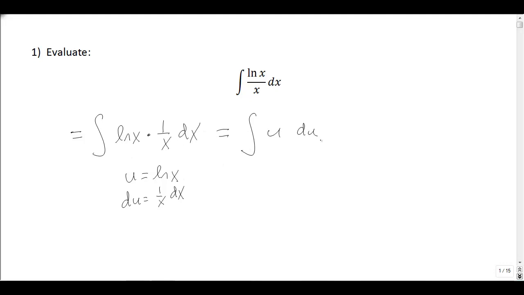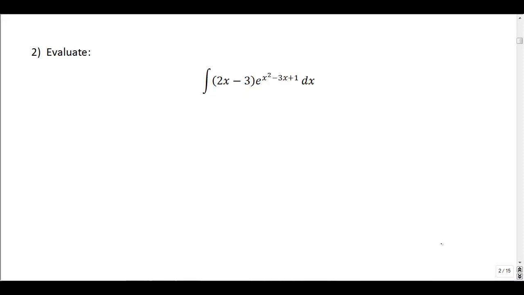So our substitution worked pretty simply here. Now I just need to integrate. I get u squared over 2 plus c, and then I need to convert my u's back to x's. u is natural log x. So what I end up with is natural log x squared over 2 plus c. So fairly straightforward here, although the tricky part is knowing what technique to use and then applying it.